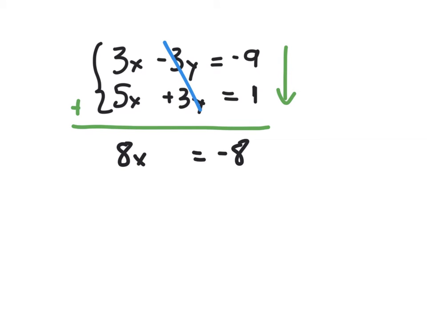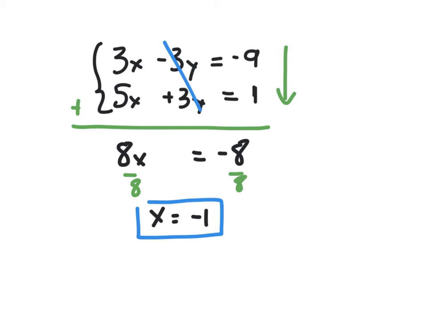We're going to divide both sides by 8. And we find out that x equals negative 1. Now at this point, we need to take this x coordinate and plug it into one of the other equations so that we can solve for y.